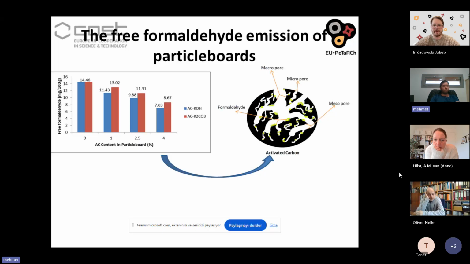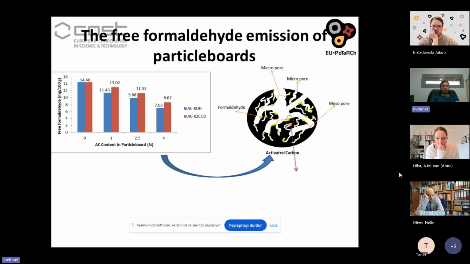Mesopores, ranging from 2 to 50 nanometers, facilitate the transport of larger molecules, thereby enhancing the diffusion and overall absorption capacity. And macropores are larger than 50 nanometers.